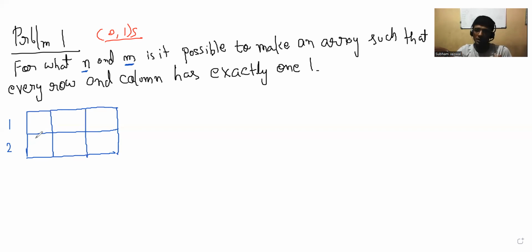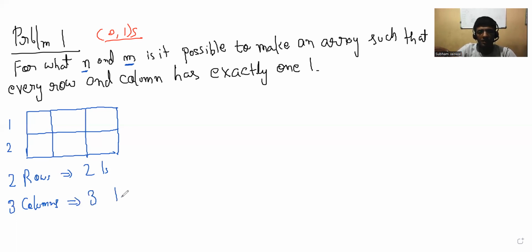Because of the columns, yes, exactly. You can say that counting along the rows gives me 2 ones, but counting along the columns gives me 3 ones. So 2 rows imply 2 ones, but 3 columns imply 3 ones. But how is this possible?